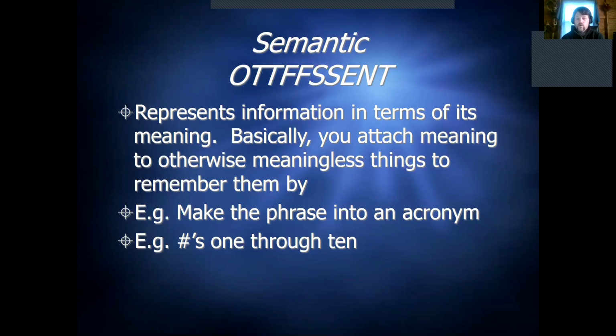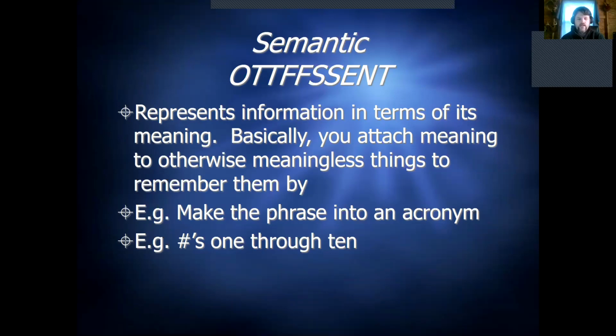Another one would be HOMES, for us Michiganders, as a way to remember the Great Lakes, H-O-M-E-S. Maybe from English, you know, FANBOYS. That's coordinating conjunctions: for, and, nor, but, or, yet, so, FANBOYS.